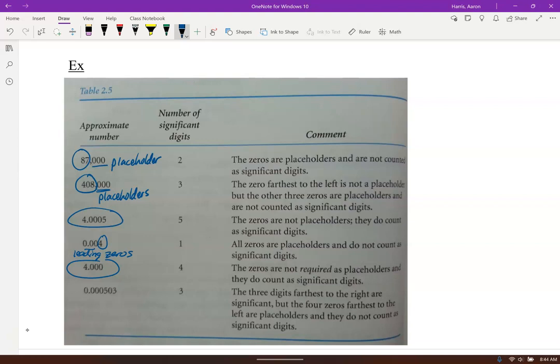All right, 0.000. Again, these are placeholders or leading zeros, so those are not significant. So it's just the 503. The 5 and 3, of course, and then the 0 between them, because the 0 is between significant digits. So 3 significant digits on that.